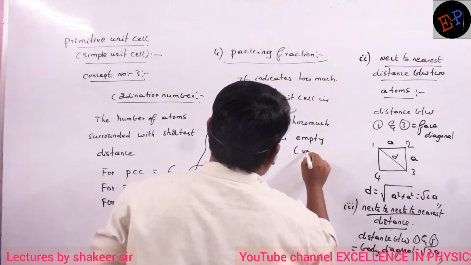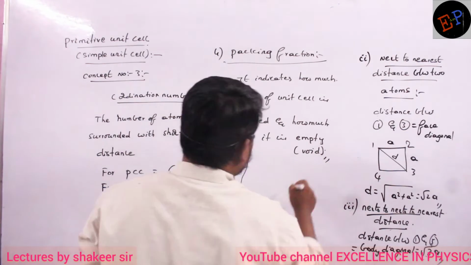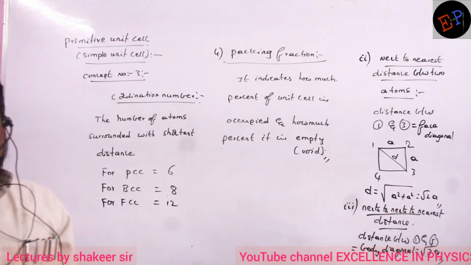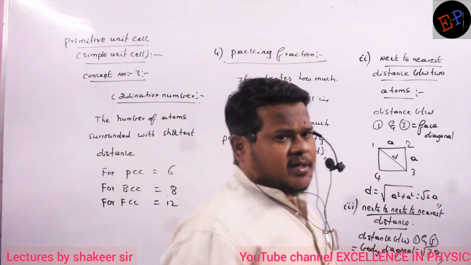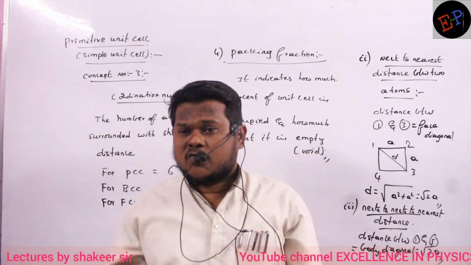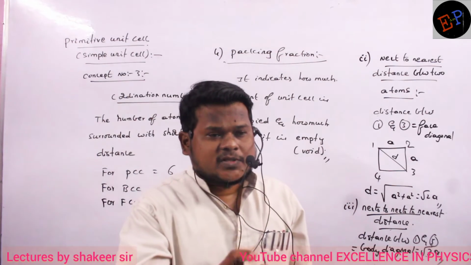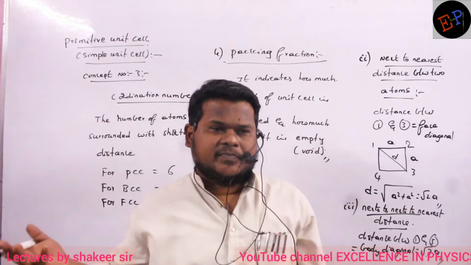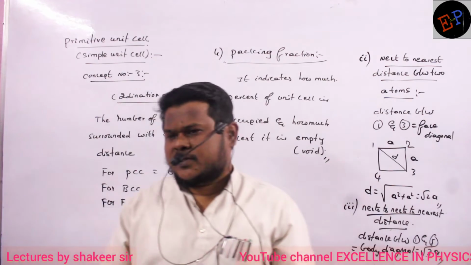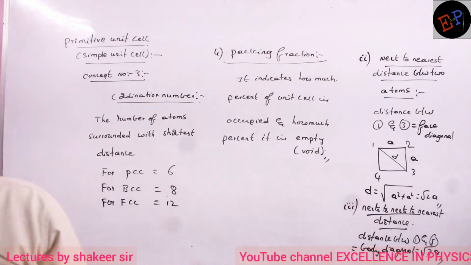The empty space, in technical terms, is void. So packing fraction indicates how much percentage of the unit cell is filled with atoms and how much percentage is empty. That fraction we can call the packing fraction.